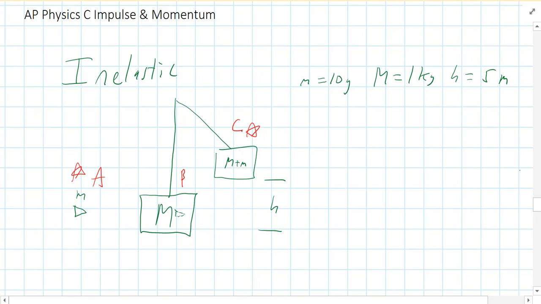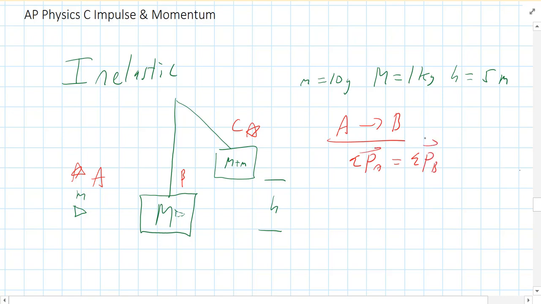Okay, so let's go from A to B first. When we go from A to B, we have two objects interacting, the bullet hitting the block, and therefore the block will hit the bullet. The total force of the block-bullet system will be 0, and therefore momentum will be conserved. So the total momentum at A is going to be the total momentum at B.